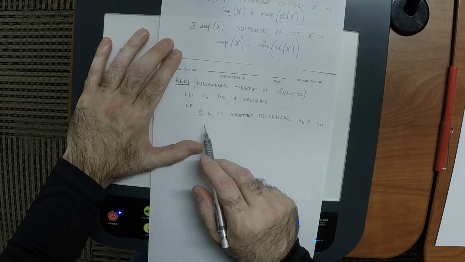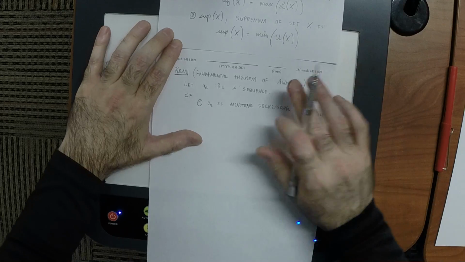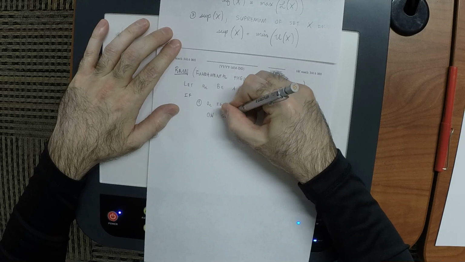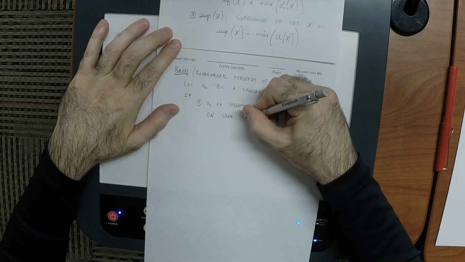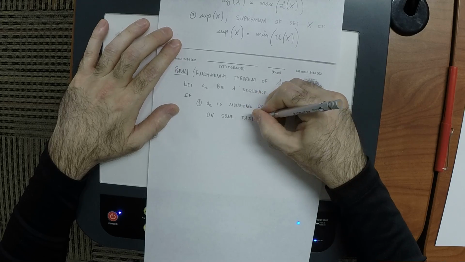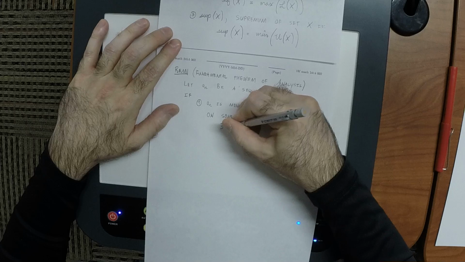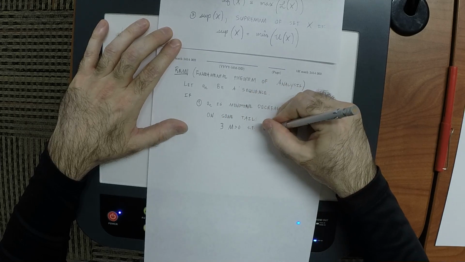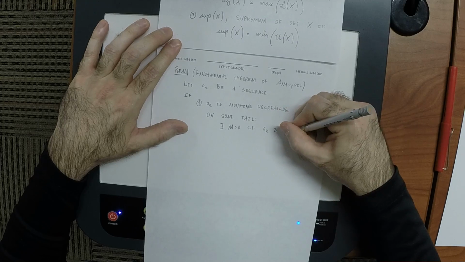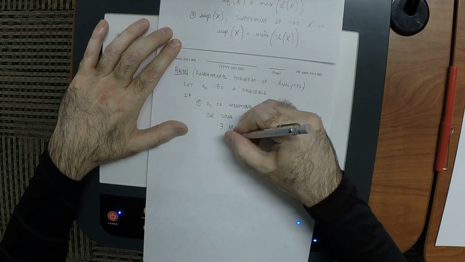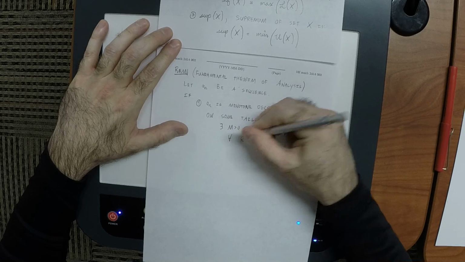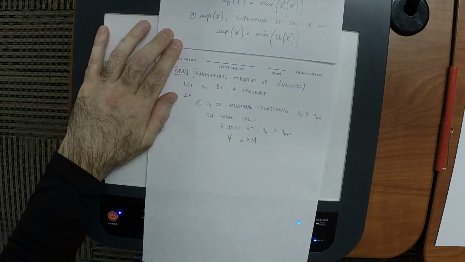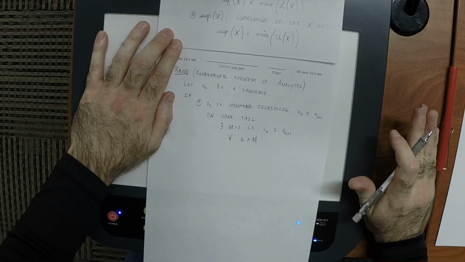So A_N is monotone decreasing, and now I can say on some tail, which is to say there exists an M which is positive such that A_K is greater than or equal to A_K+1 for all K greater than M. What that's saying is that it doesn't have to be monotone decreasing at first.